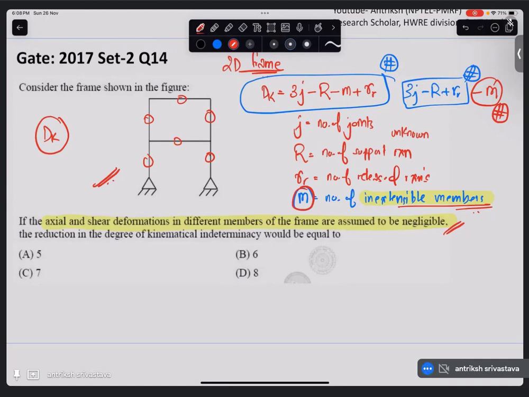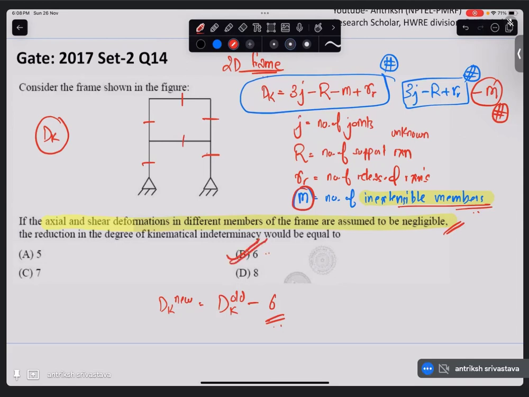So we don't even have to find out the initial or the final kinematic indeterminacy. If you can just look at the number of members and count them, we have 1, 2, 3, 4, 5, 6. So the new kinematic indeterminacy is going to be the old one minus M, which is 6. So the correct answer would be B.